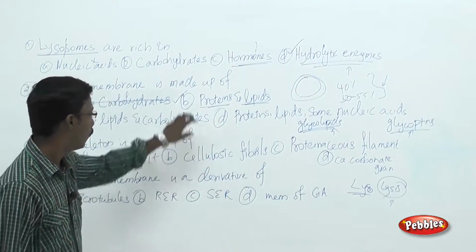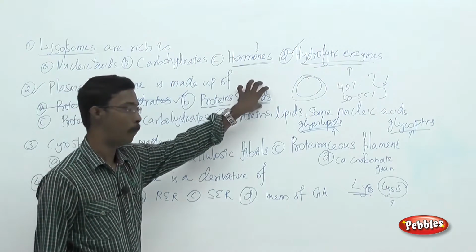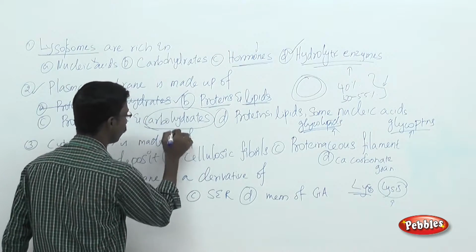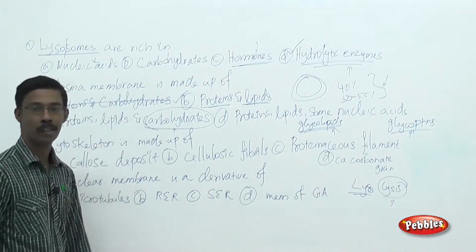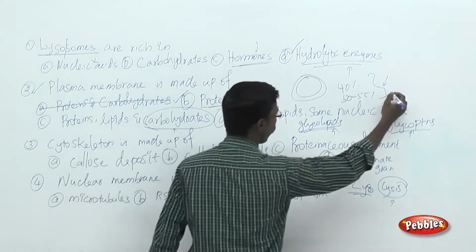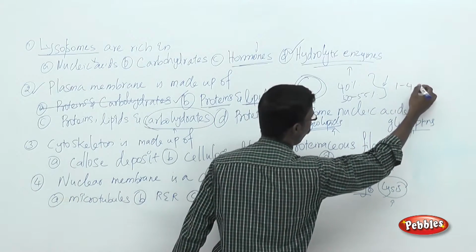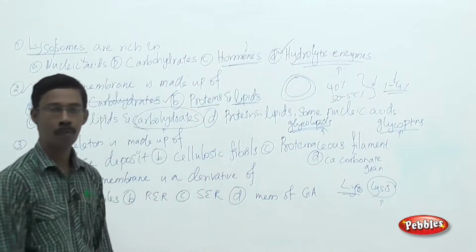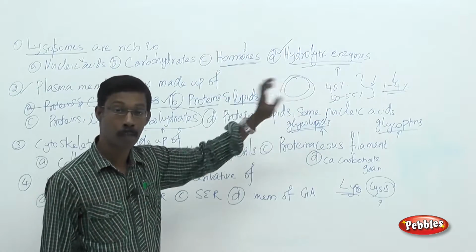So not only proteins and lipids are present in the plasma membrane; some carbohydrates are also present in a minute percentage, about 1 to 4%. Comparatively very little carbohydrate is present, but it is present.